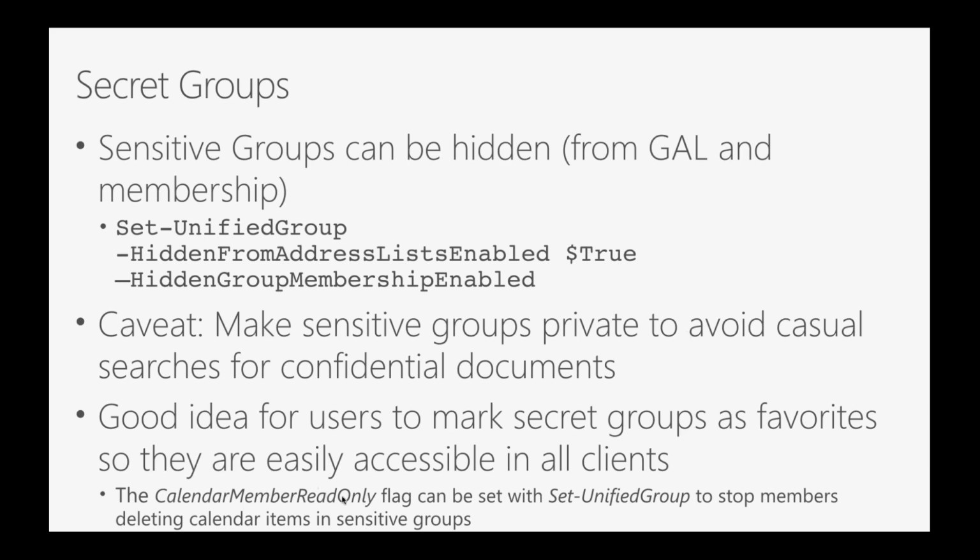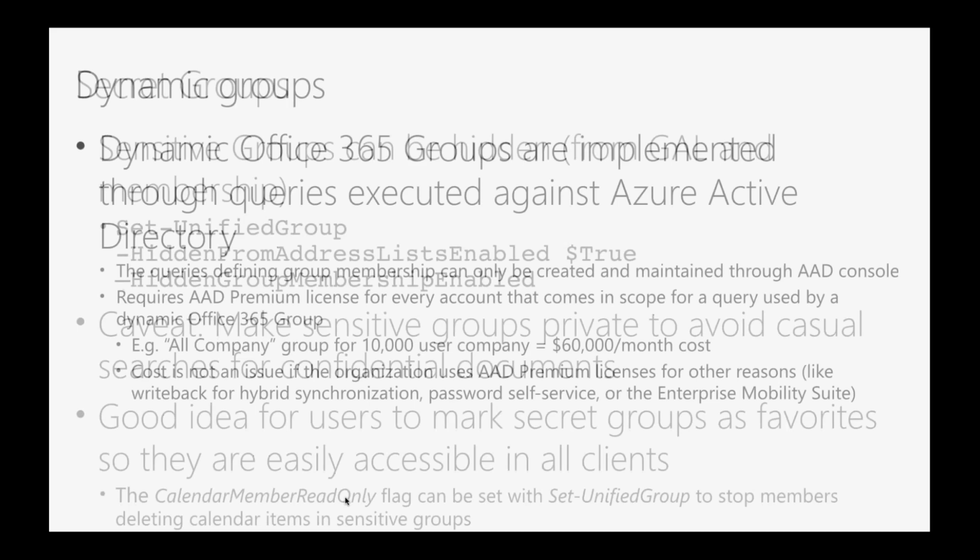There's also a flag at the bottom here. If you want the group members to have only read-only access to the calendar, which by default they have full access to edit. Sometimes you want to create an Office 365 group, put people inside of it, allow them to be members of the Office 365 group for content, but not for the calendar. That's how you do it.